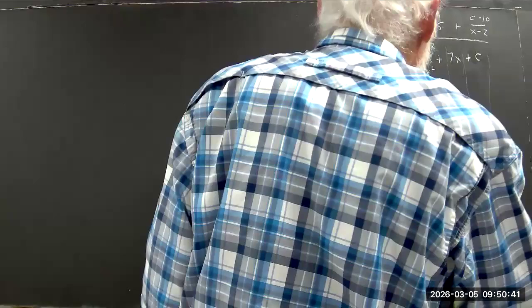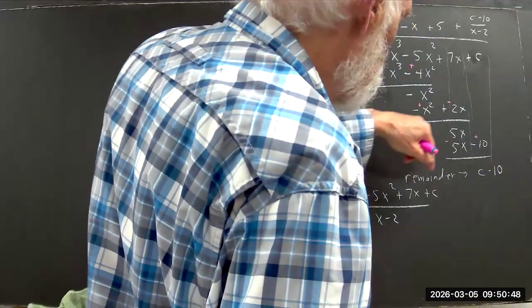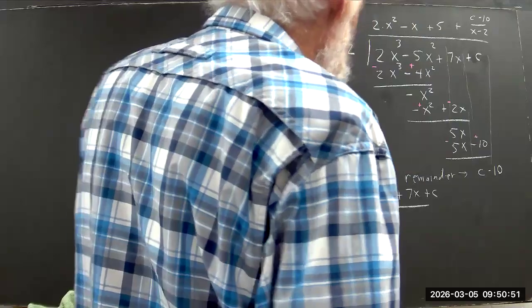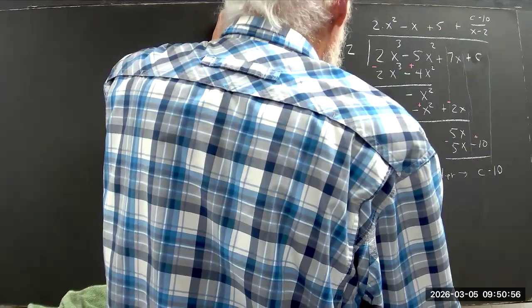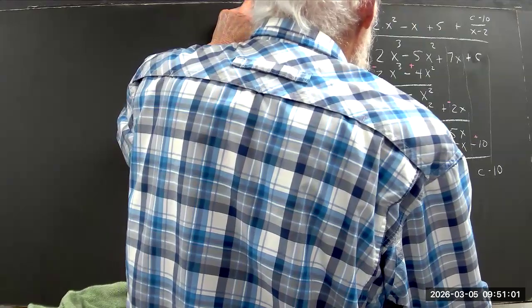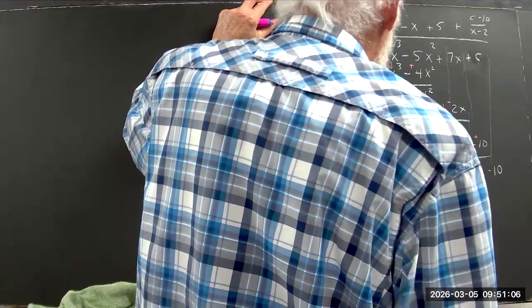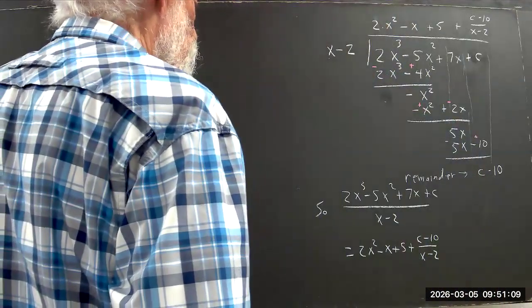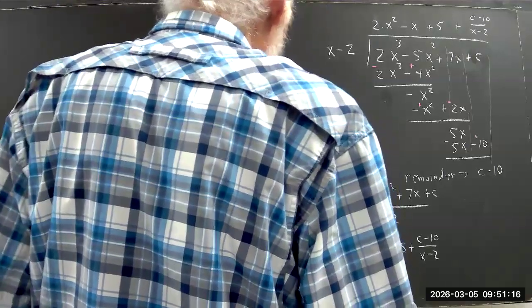And we should have anticipated that I wouldn't have room to write this out, so I have to do it on two lines. So we've got, again, our 2x cubed minus 5x squared plus 7x plus c divided by x minus 2 equals 2x squared minus x plus 5 plus (c minus 10) over (x minus 2), multiplied by the divisor.